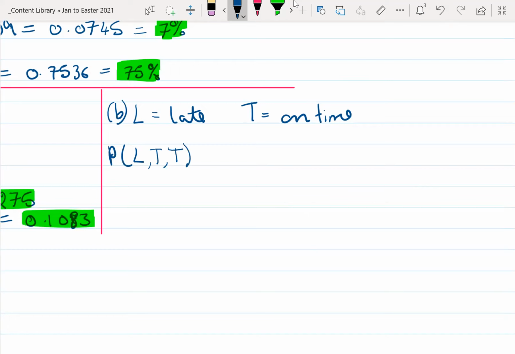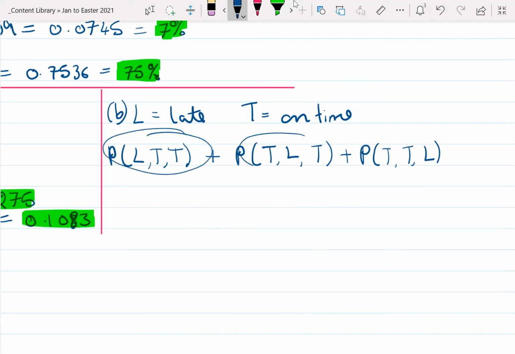Or, remember, or means to add, the probability of him being on time the first day, late the second day, and on time the third day. Or the probability of him being on time the first day, on time the second day, but then late on the third day. So if we work out each one of these individually and then add them together, that'll do the trick.